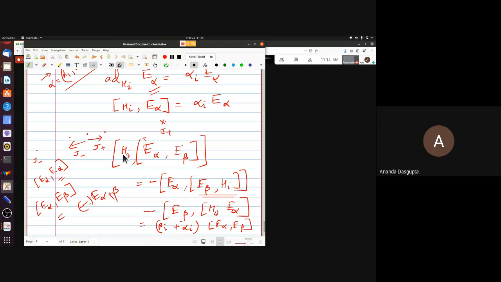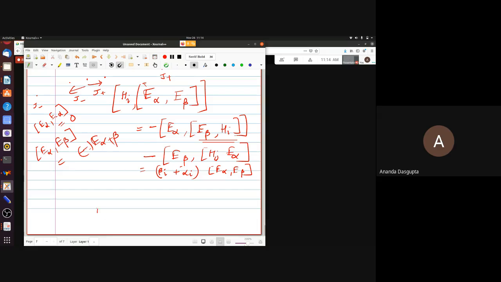So what does it tell you about E alpha, comma, E minus alpha? They commute. No, they don't commute. The commutator with all the HIs is 0. So what does it tell you? That doesn't mean they commute. They commute with all the HIs. They don't commute among themselves necessarily. Or other E's.